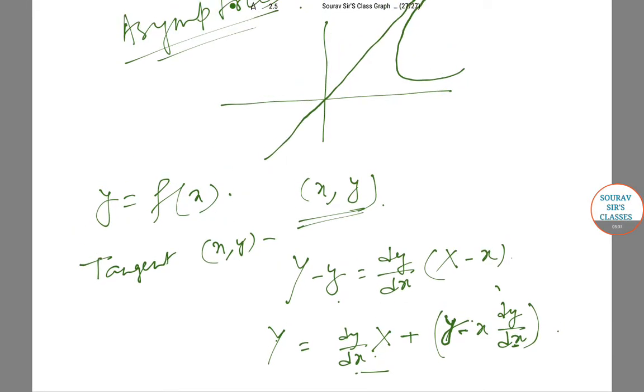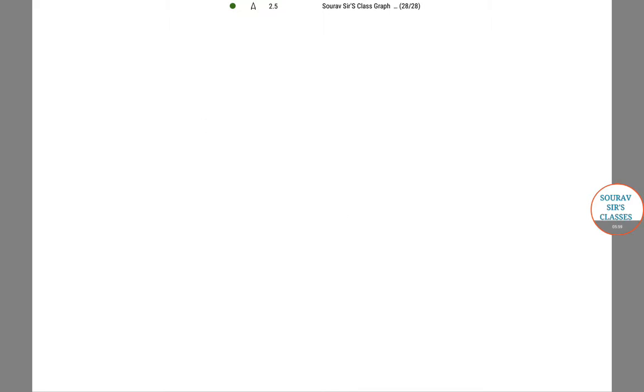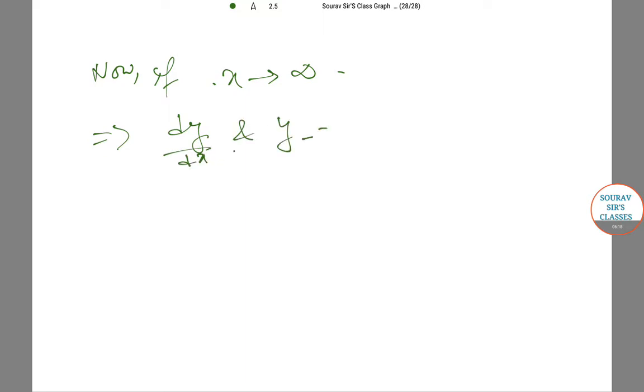Let this equation be equation number 1. Now let x tend to infinity. If an asymptote exists here, then as x tends to infinity, dy/dx and y minus x dy/dx both have a finite limit.